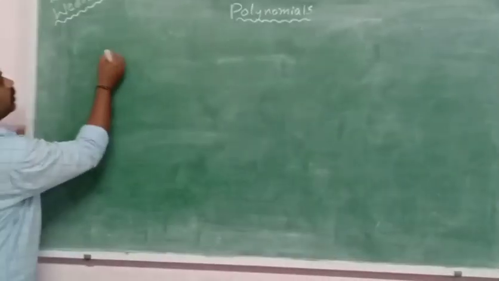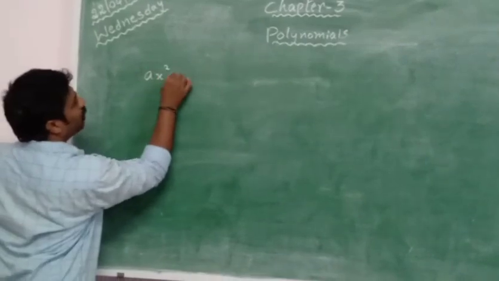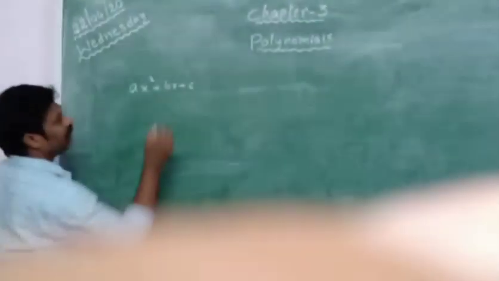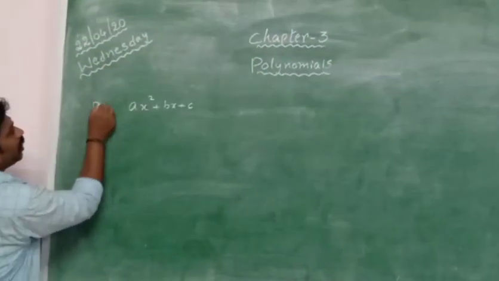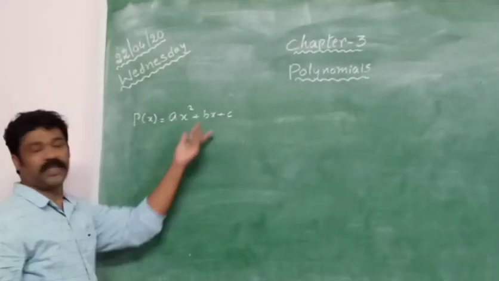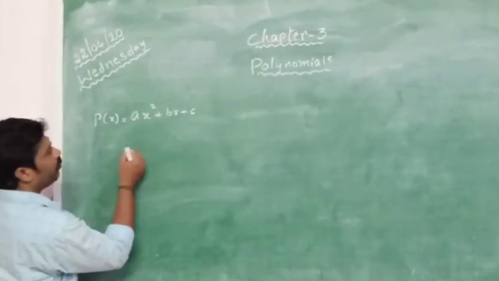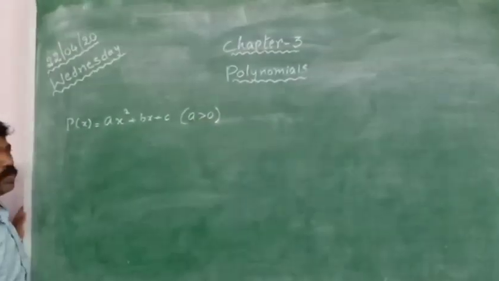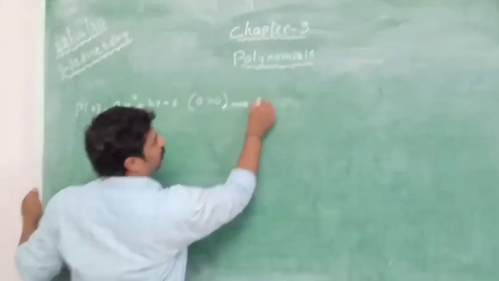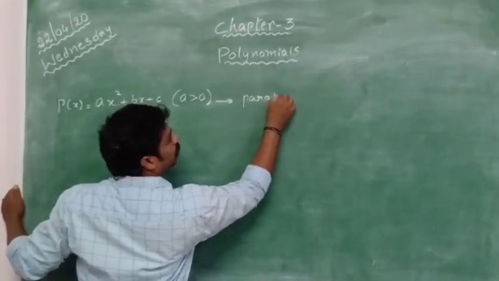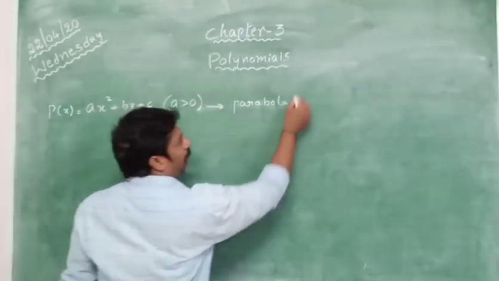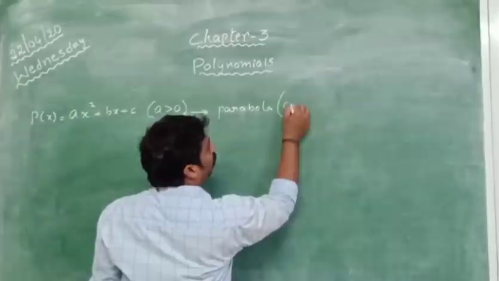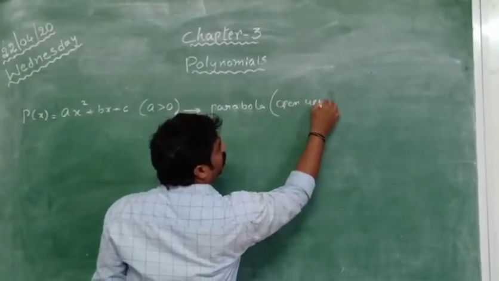So here ax square plus bx plus c is a quadratic polynomial. Now for this quadratic polynomial, if a value is greater than 0, we know that we will get a parabola, and that parabola also opens upwards.